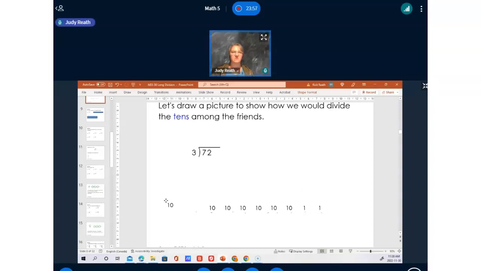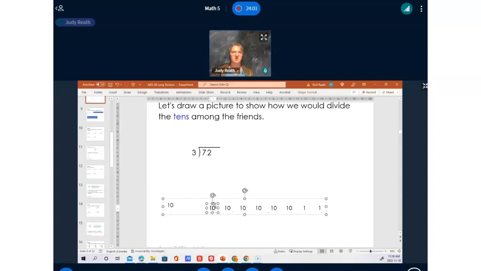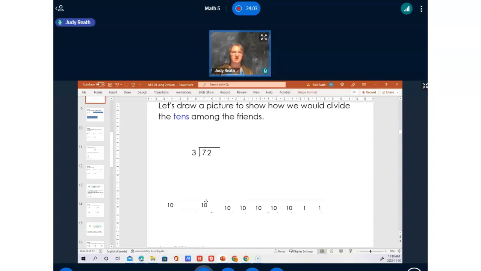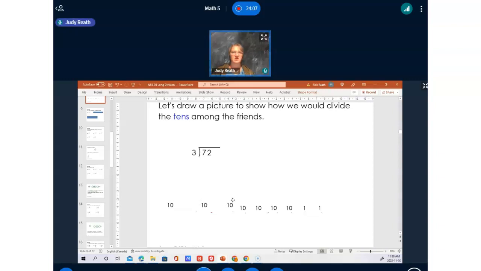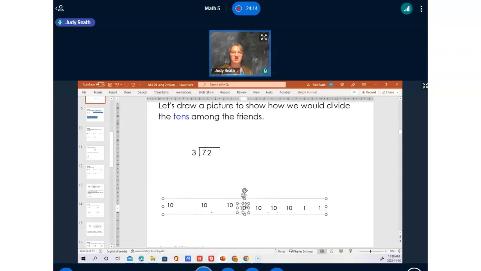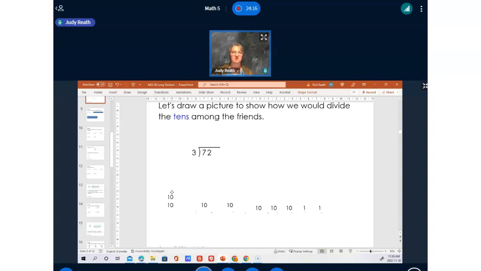We're going to move a 10 over here to be in one group. Another 10 we're going to put here. And another 10 here. So we've got 3 tens that are split up. But we still have more 10s, right? So let's put these 10s with the other 10s.